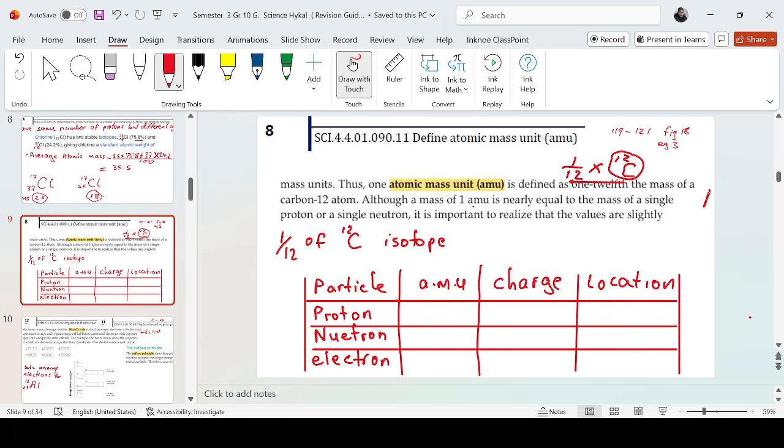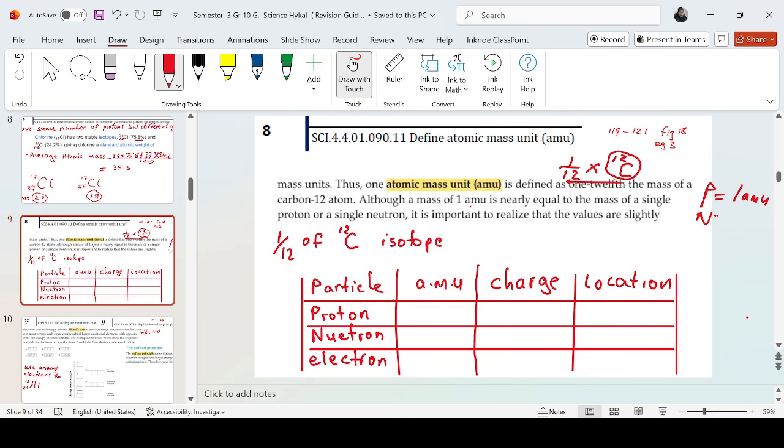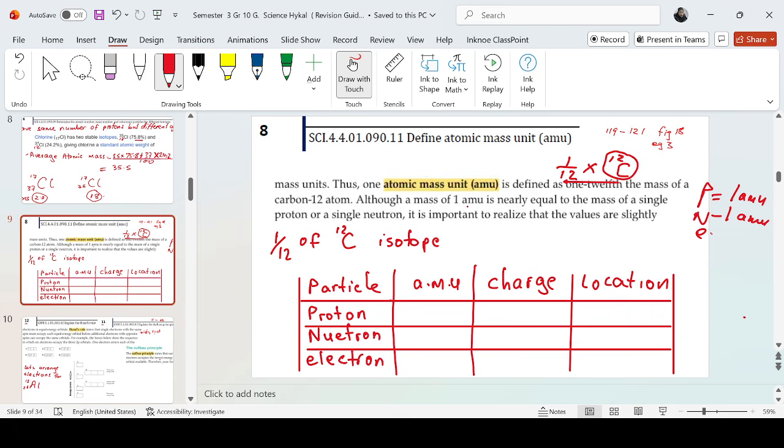So a proton has 1 atomic mass unit. Neutron has 1 atomic mass unit. Electron is 0 mass. So we use the atomic mass unit AMU to describe the mass of these particles.